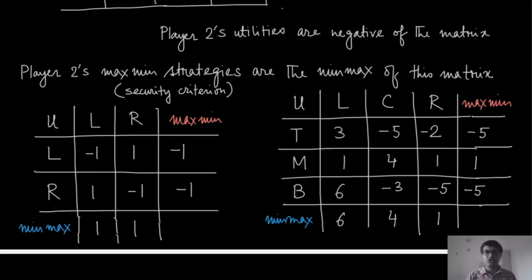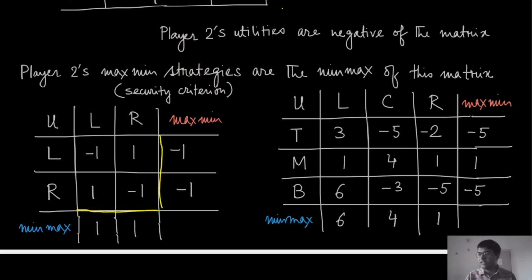Now in this situation, let's consider those security criteria. Player 2's max-min strategy. If you look at the max-min strategies for both players, player 1 and 2, as we have seen in the previous module, for player 1 you look at the minimum over every row, and then you pick the maximum. That is the max-min strategy. So let's look at the shooter and goalkeeper game, the penalty shootout game, and for now just consider this part of this diagram.